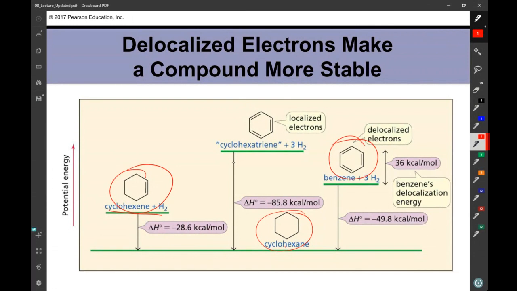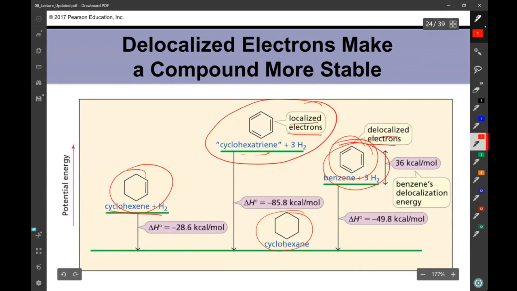I don't like the way this slide is, because usually it's good to compare apples to apples, meaning it's good to compare the ones that have the same number of carbons and the same number of hydrogens together. And so in this case, it will be easier to compare cyclohexatriene with localized electrons to benzene with delocalized electrons.